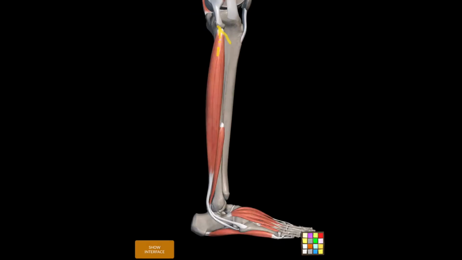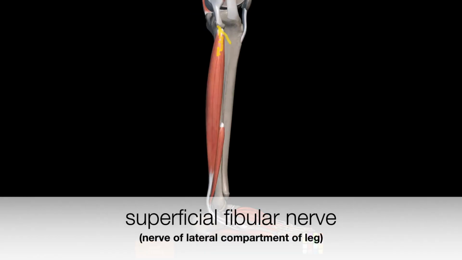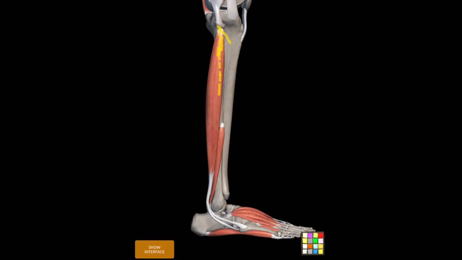The superficial fibular nerve descends in the lateral part of the leg and supplies fibularis longus and brevis. It has a much more extensive cutaneous distribution along the lateral part of the leg inferiorly, and also over the dorsum of the foot, either side of the distribution of the deep fibular nerve. So everywhere on the dorsum of the foot except for between the first and second toes.